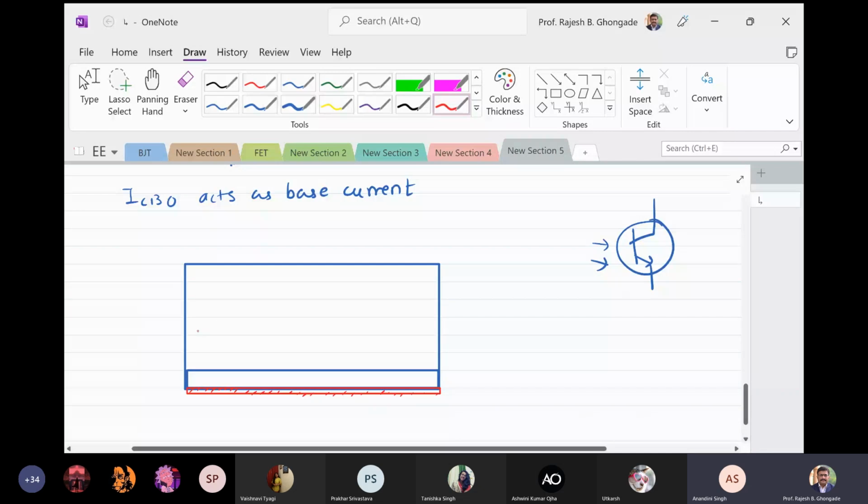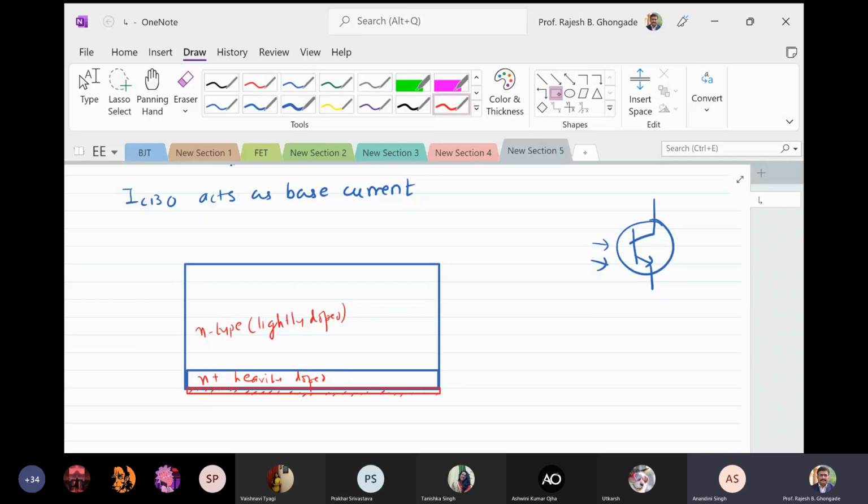This is N type, lightly doped. This is N type, we call it as N plus, which is heavily doped. Very similar construction.